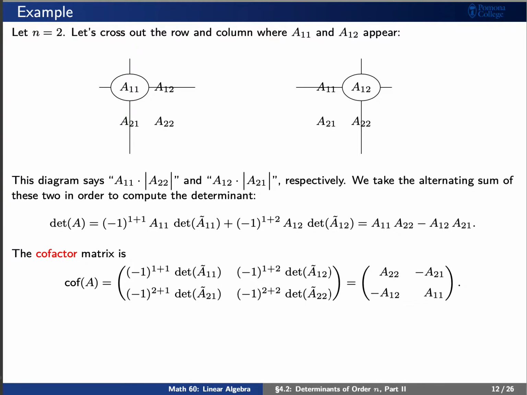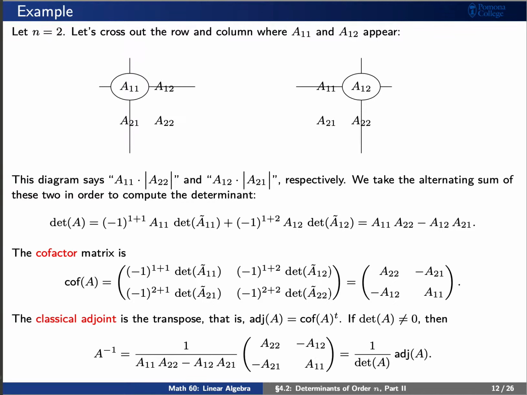The cofactor of this matrix is given as follows, where you'll notice that the signs satisfy this checkerboard pattern. The transpose of this matrix, what we're calling the classical adjoint, gives us a formula for the inverse of a matrix A. In other words, the inverse of a 2 by 2 matrix is 1 over the determinant times the classical adjoint.